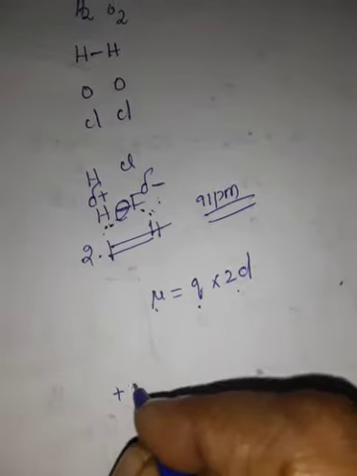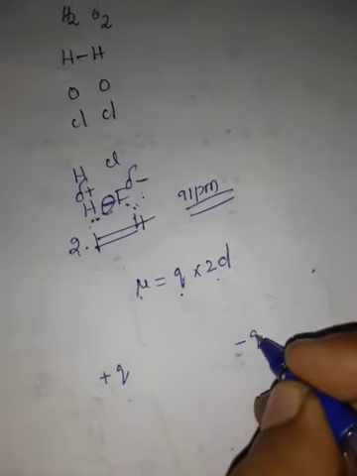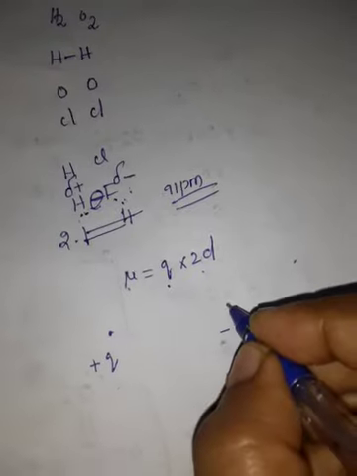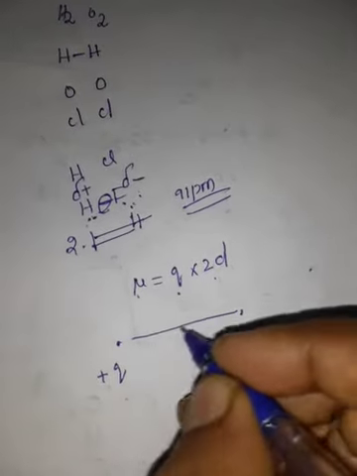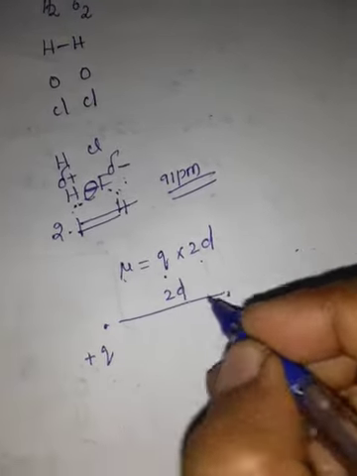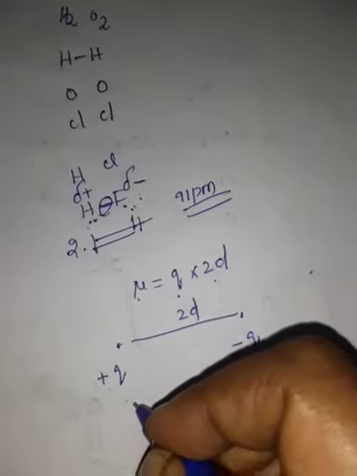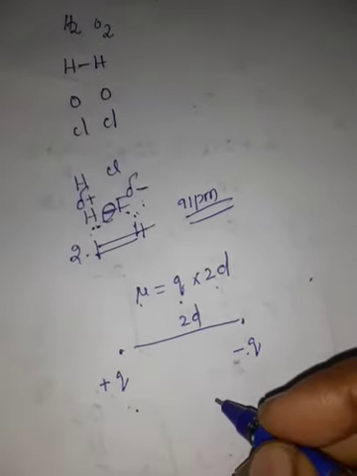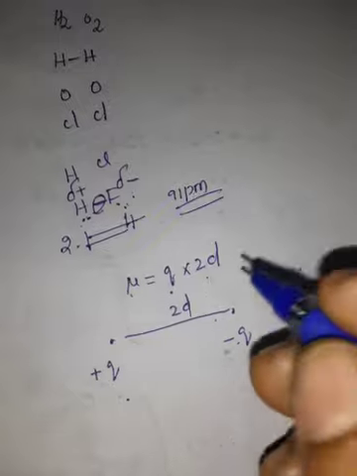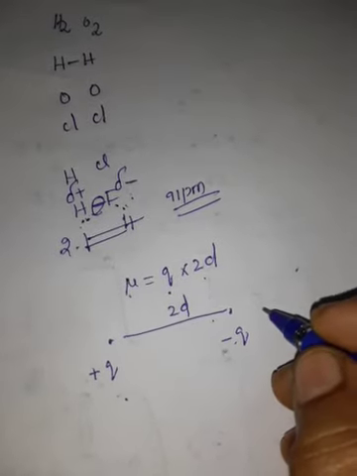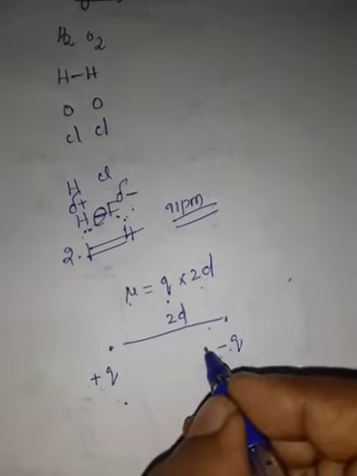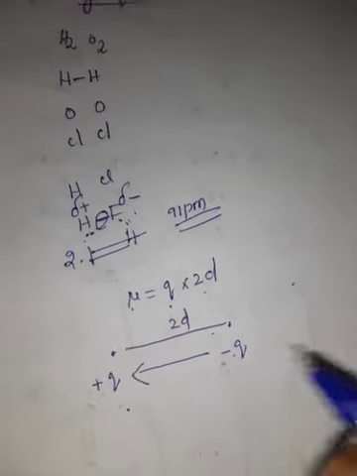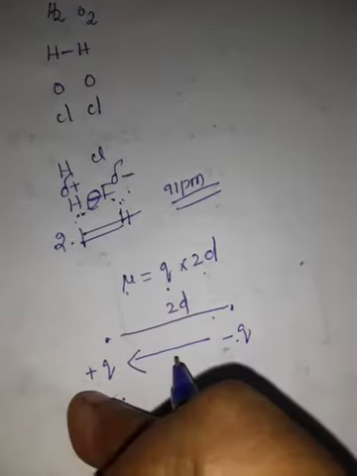For example, plus q and minus q, two charges at a distance of 2d. It is a vector quantity. Dipole moment is a vector, so the direction of the dipole points from negative towards positive.